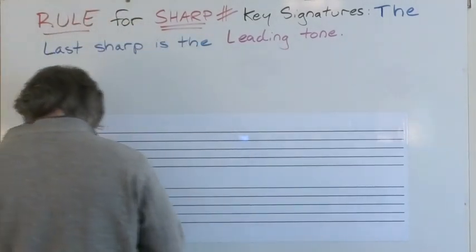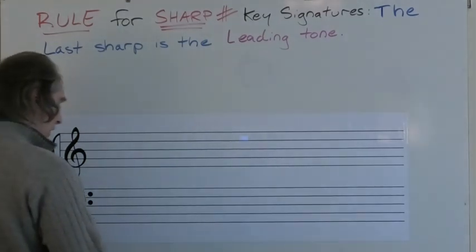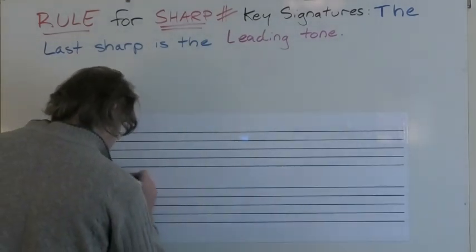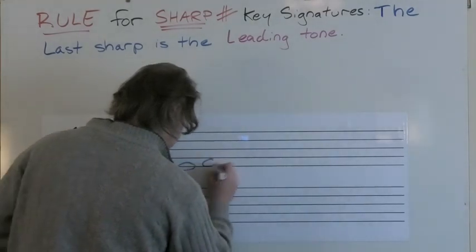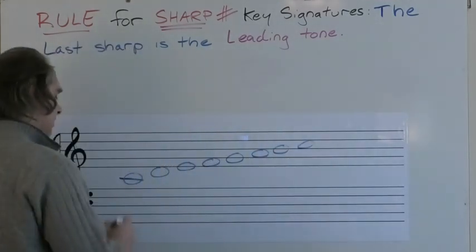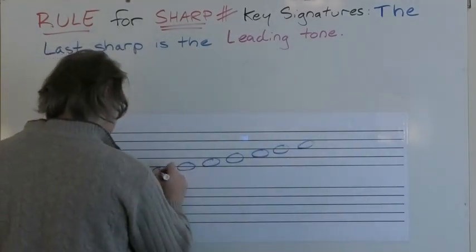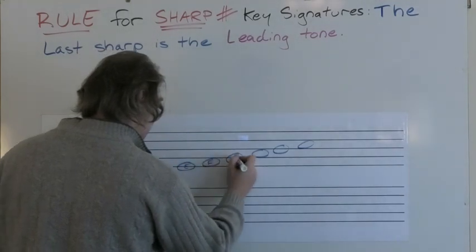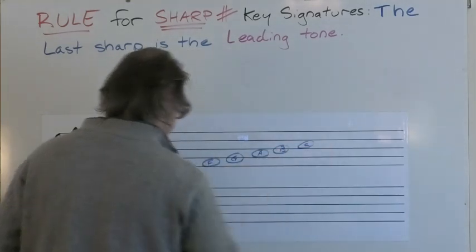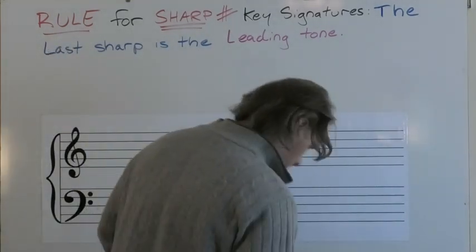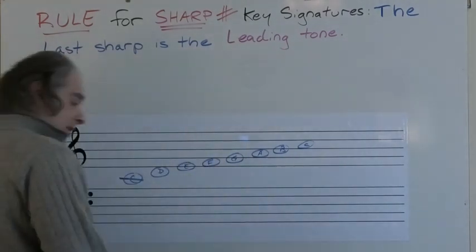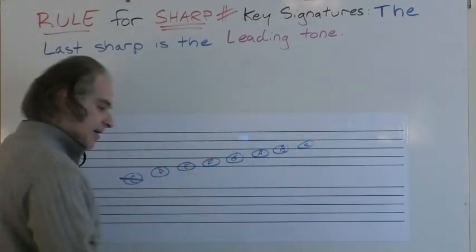So if we're in the key of C, we have C, D, E, F, G, A, B, C. Let's hear what that sounds like.